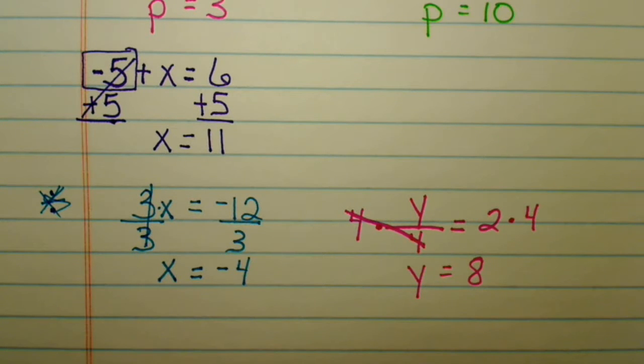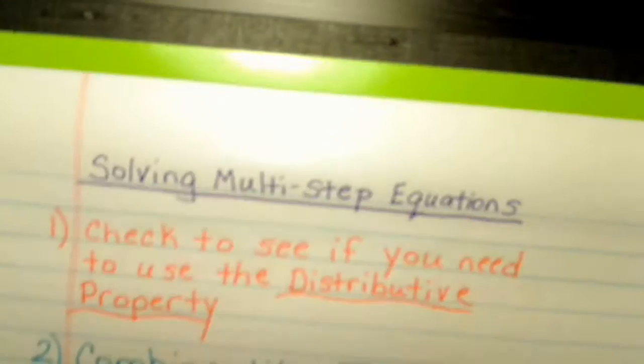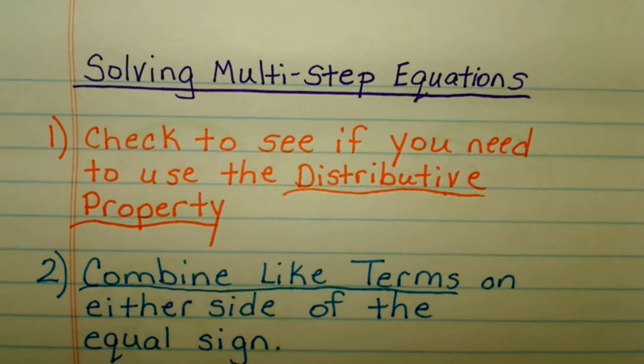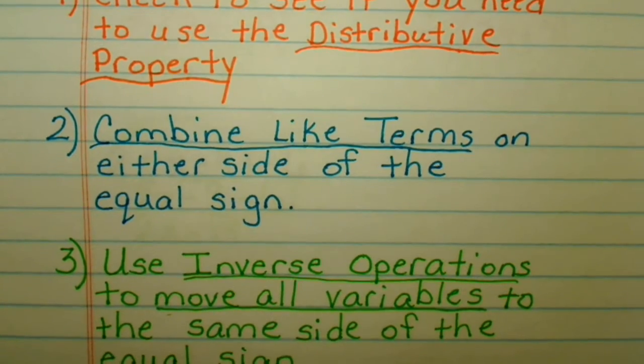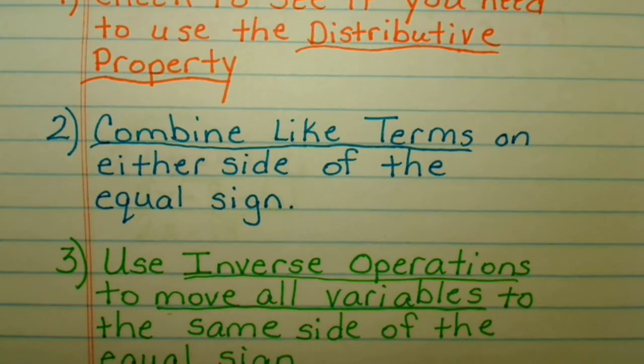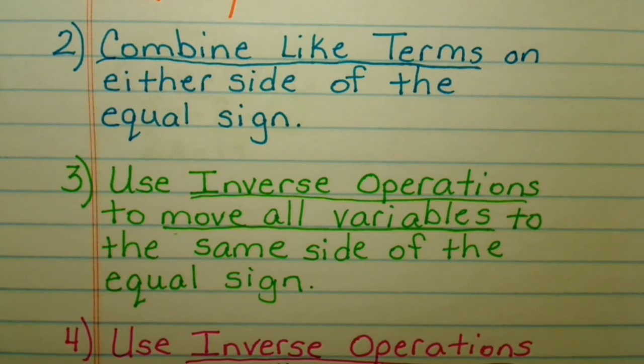We're going to start with some pretty simple multi-step equations. And just real fast to review, first we're going to see if we need to use the distributive property. We check that first. We see if we need to combine any like terms on either side. And then we're going to start getting into inverse operations.